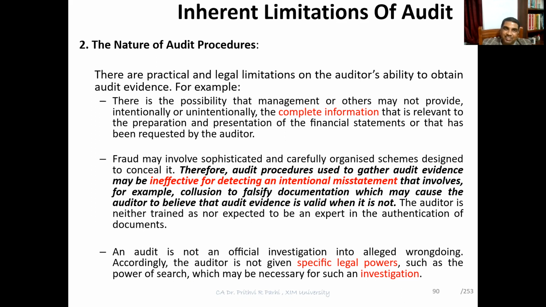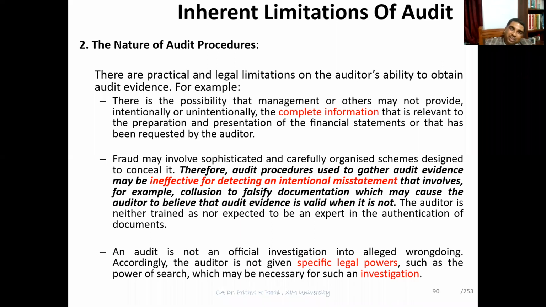Second, the inherent limitations related to audit procedure is that if there is a fraud, this fraud might have been organized in a very sophisticated manner and through some carefully organized schemes.